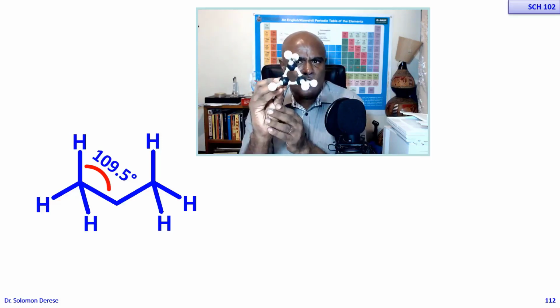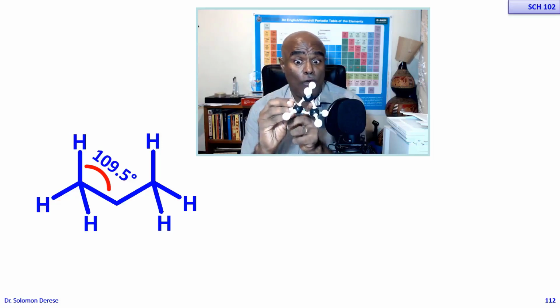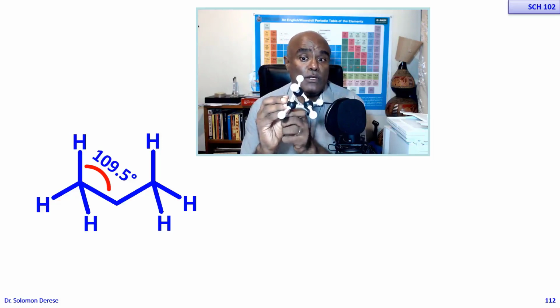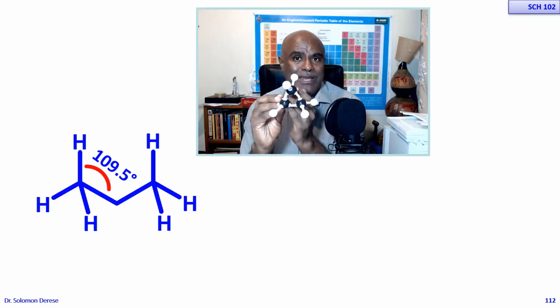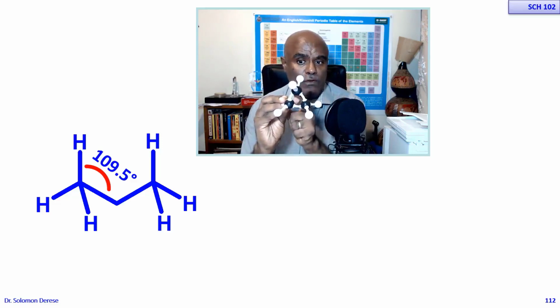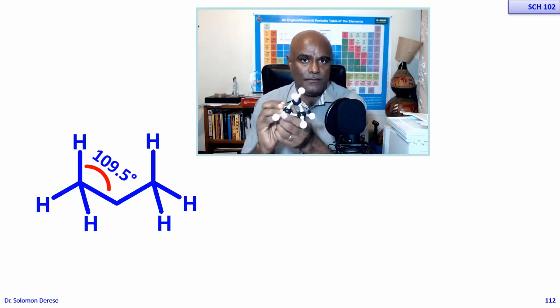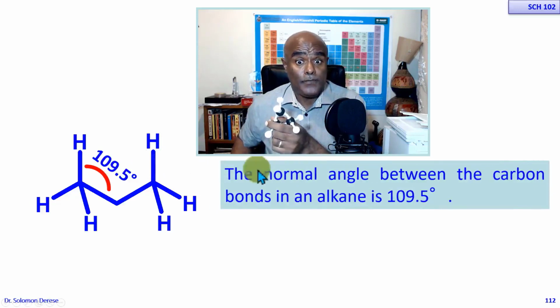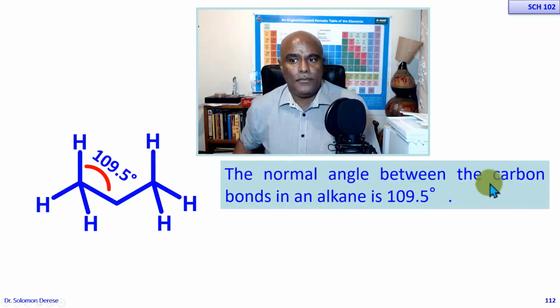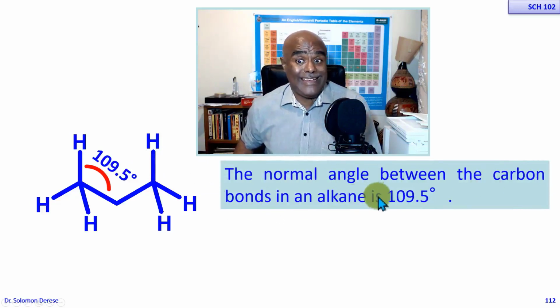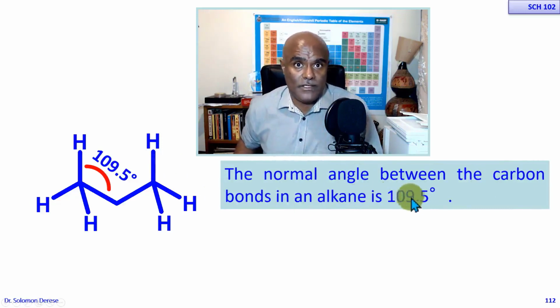Of course, it's not possible for the bond angle of a cyclopropane to be 109.5 degrees because the total internal bond angle of a cyclopropane, just like an equilateral triangle, has to be 180 degrees. Then each of them should be 60 degrees. This is the ideal normal bond angle between the carbon bonds in an alkane, 109.5 degrees.